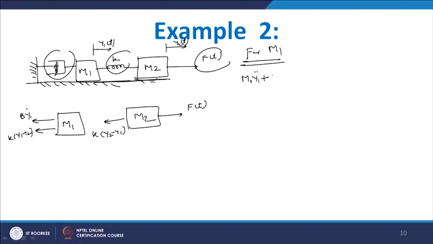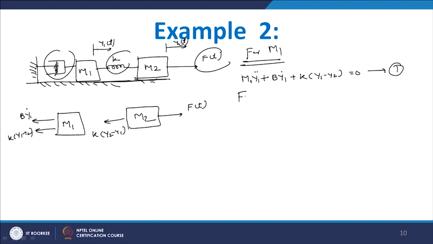So, y1 double dot plus b into y1 dot plus k times y1 minus y2 equal to 0. This is equation number 1. So, m1 y1 double dot plus b y1 dot plus k y1 minus y2 equal to 0.